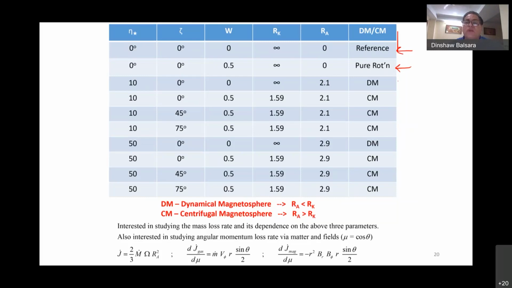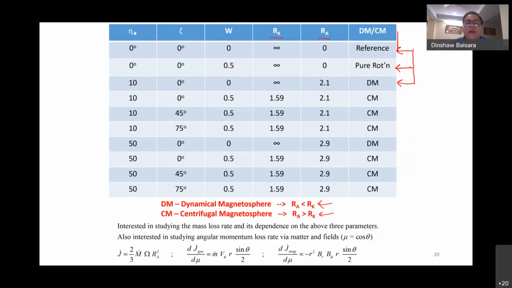So in the third simulation, we have magnetic field, but zero rotation. In each circumstance, I can evaluate the Kepler radius as well as the Alfvén radius. Now we can use our criterion: Ra less than Rk means we have a dynamical magnetosphere. Ra greater than Rk means we have a centrifugal magnetosphere. So these three simulations provide us useful references.